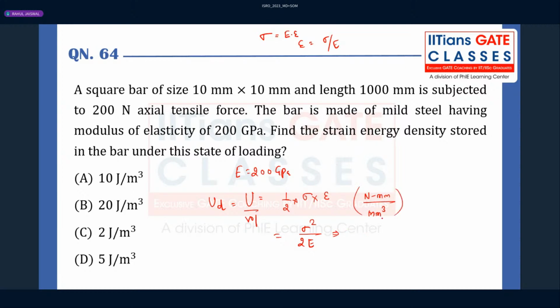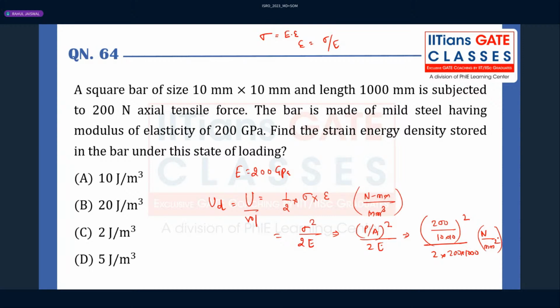Now I have told you the unit, so you need to think accordingly. What is sigma? Load divided by area, whole square, divided by 2E. The load is 200 Newton. Area is 10 into 10, whole square, divided by 2 into 200 into 1000. And what is the unit? Newton per mm square, because 1 mm will cancel out.